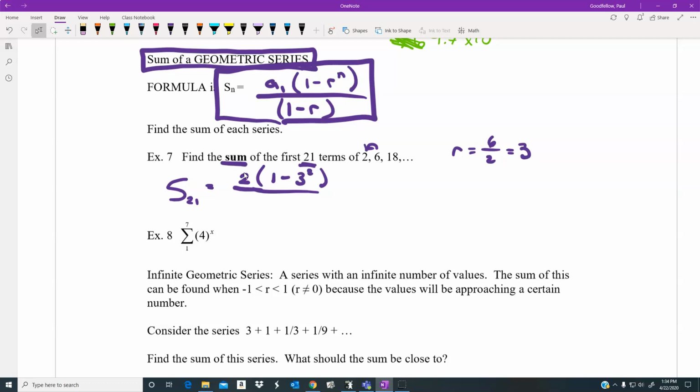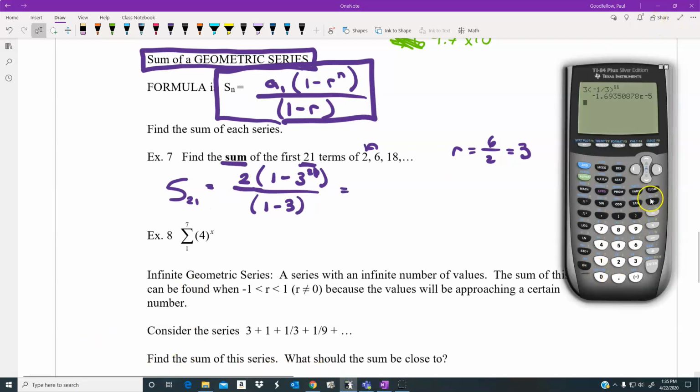raised to the 21st power, and then it's all divided by 1 minus the ratio again. Now, the key to these is to make sure you stay consistent with how you plug them in. If you plug them in correctly, you can ultimately make a mistake in terms of what the number is.